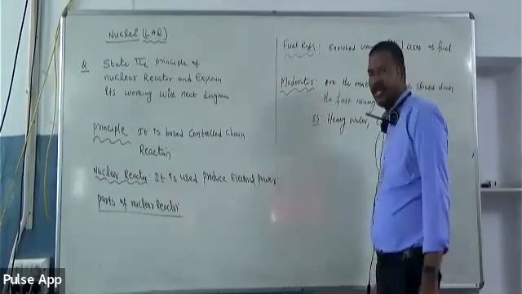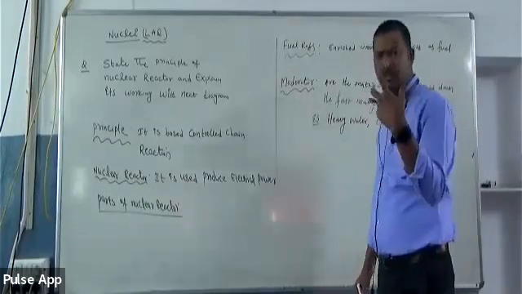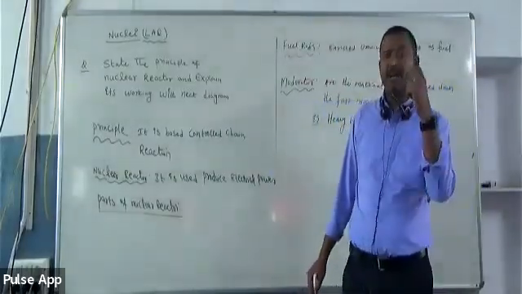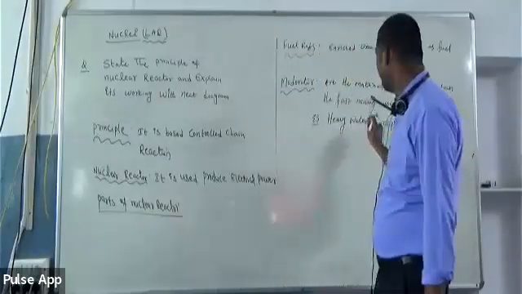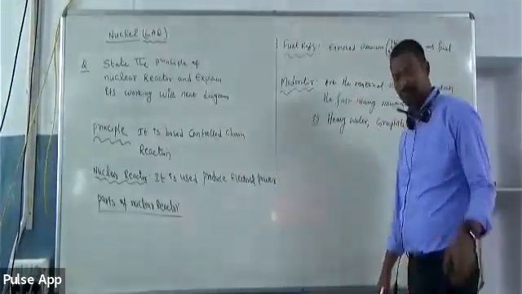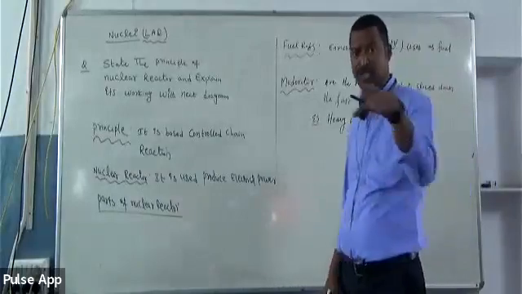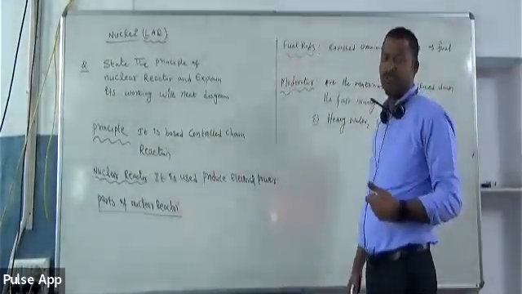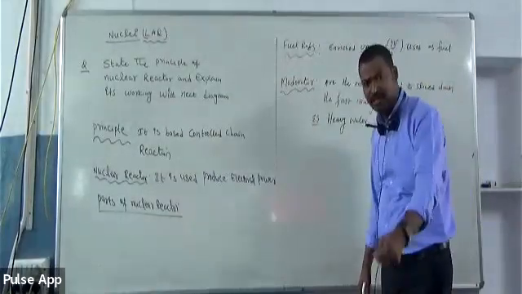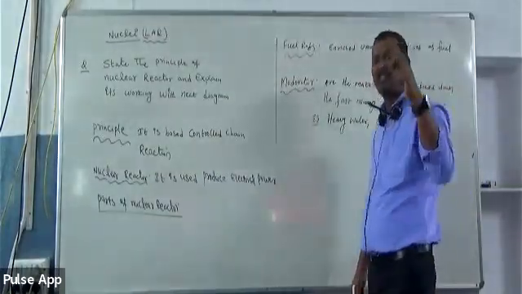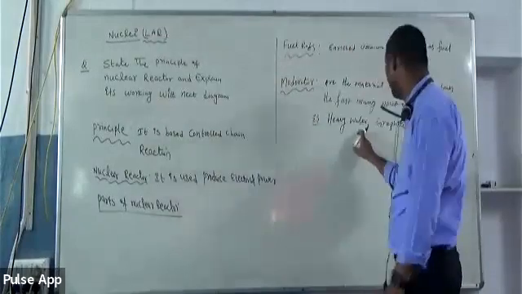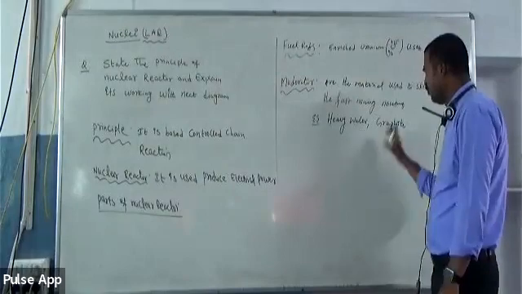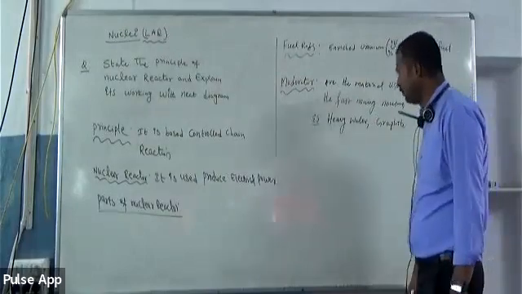What do the graphite and heavy water do? Whenever the fast moving neutrons pass through the moderator, it absorbs energy from them, so the energy decreases automatically, that is, the speed of the neutrons decreases. So heavy water and graphite are used as moderators to slow down the fast moving neutrons.